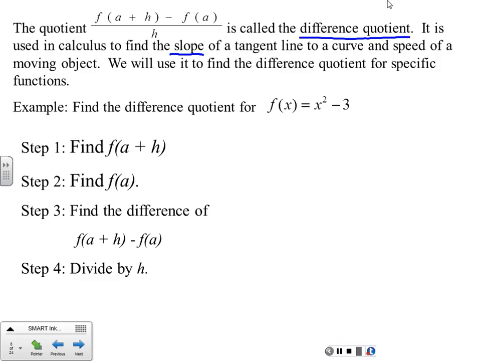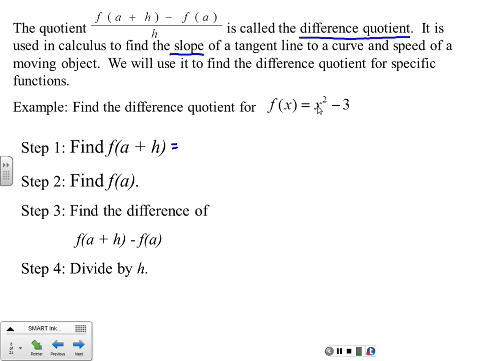In order to find F of A plus H, everywhere, look, here's the problem, okay? This is just the formula that you're using. This is the problem. Formula, problem, okay? If I take this X and I replace this X with A plus H, we've been doing this for an hour now, right?